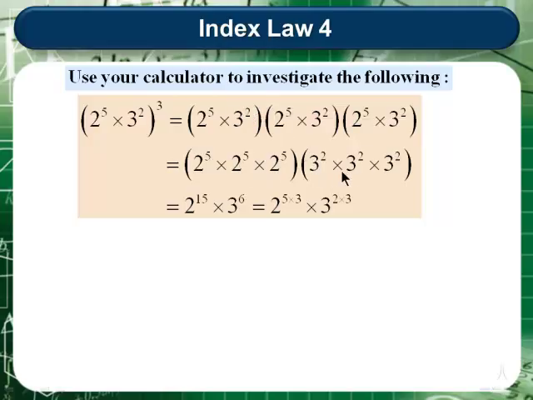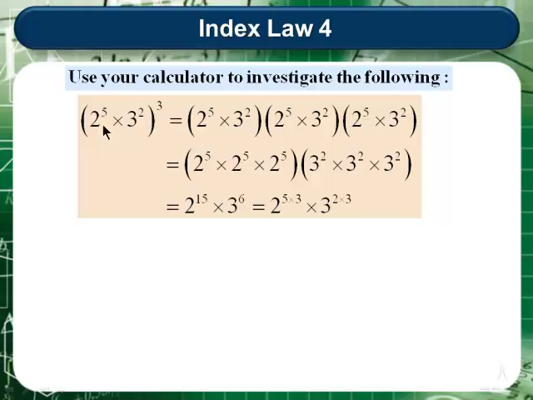And then applying the multiplication law twice, you get 2 to the power 5 plus 5 plus 5, which is 2 to the power 15. And in the same way, this will give us 3 to the power 2 plus 2 plus 2, or 6. Looking back, we simply note that to obtain 2 to the power 15, we multiply the 5 with the 3. And to get 3 to the power 6, we multiply the 2 by the 3.